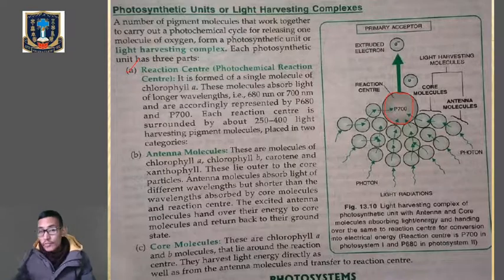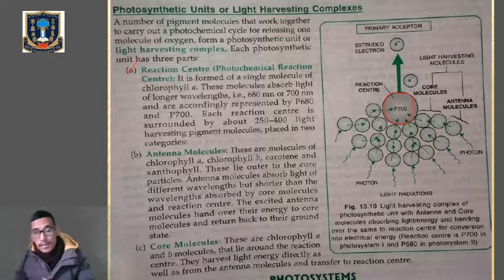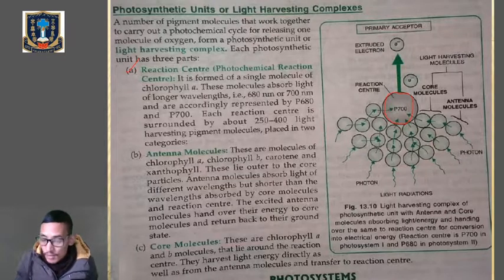So in the figure, P700 means that the wavelength of light absorbed by the chlorophyll pigment is 700 nanometer. And when we see P680, remember that P680 means the wavelength of light being absorbed by the pigment chlorophyll is 680 nanometer.